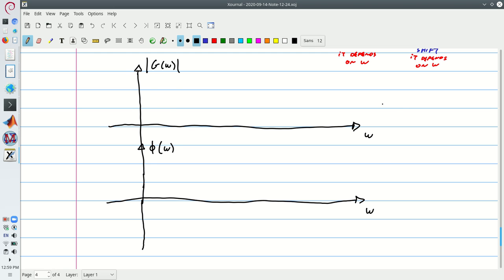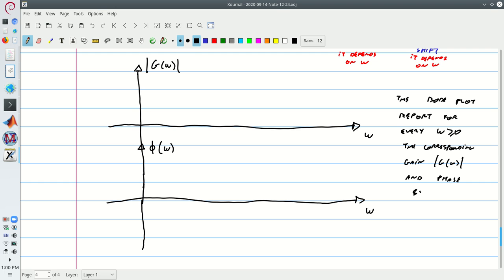So the Bode plot reports, for every omega greater or equal than 0, the corresponding gain g of omega and phase shift phi of omega.